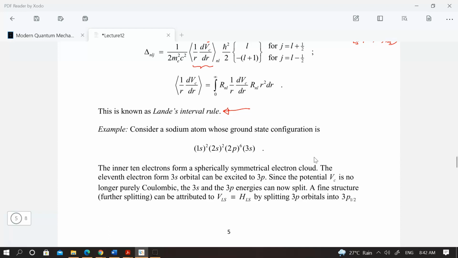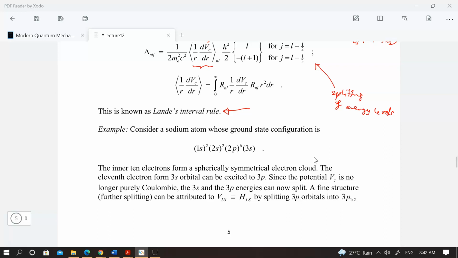Before we do that, here's an example in which you should be able to see the splitting of the energy levels. Let's consider the case of the sodium atom.